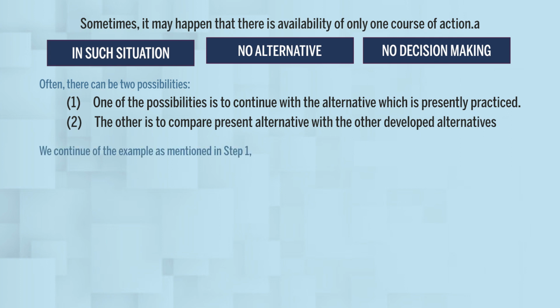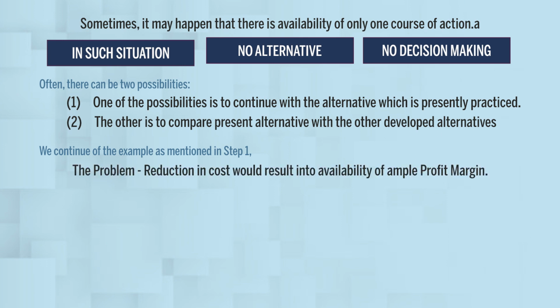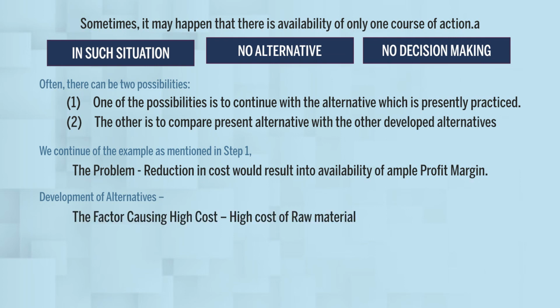We continue with the example mentioned in step 1. The problem in step 1 was that reduction in cost would result in availability of ample profit margin. Now, development of alternatives: we have the factor causing high cost of raw material.